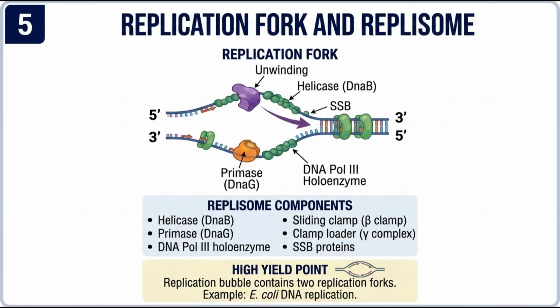The replisome includes helicase, primase, DNA polymerase III, sliding clamp, clamp loader, and single-strand binding proteins. Single-strand binding proteins stabilize unwound DNA and prevent reannealing. The replisome coordinates simultaneous synthesis of both leading and lagging strands.